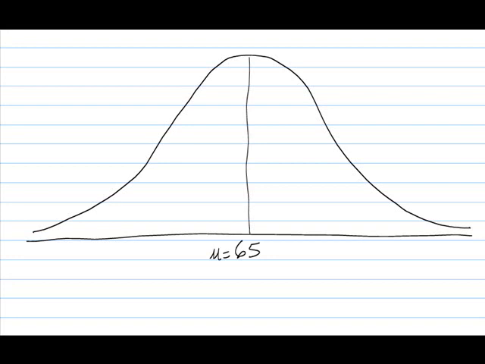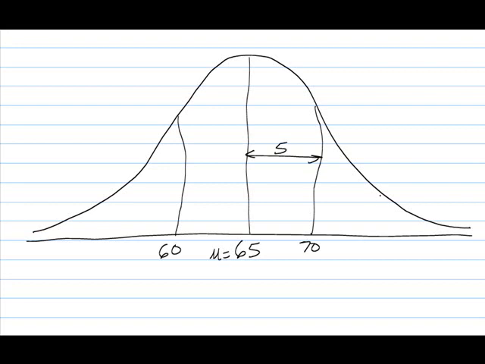In terms of the empirical rule, what the empirical rule does is it gives us a rule for one standard deviation above the mean. So suppose that is one standard deviation. In this case, the standard deviation, or this distance, is 5, which means this value is 70. And if we go one standard deviation below the mean, this value is 60.